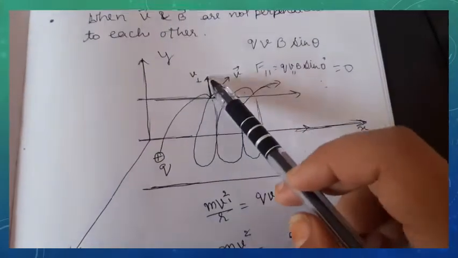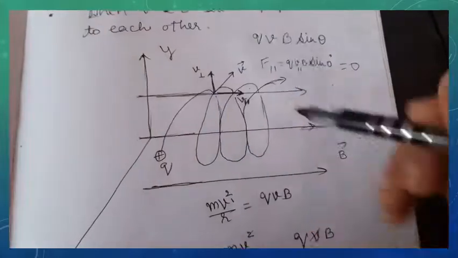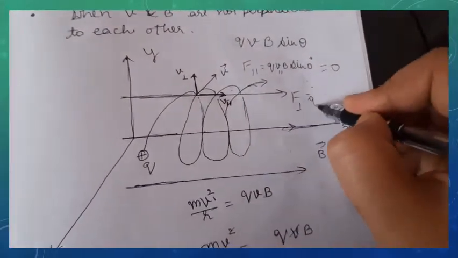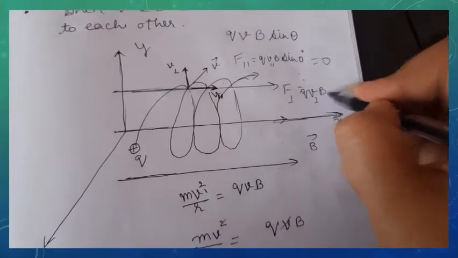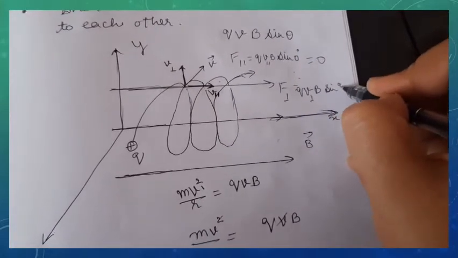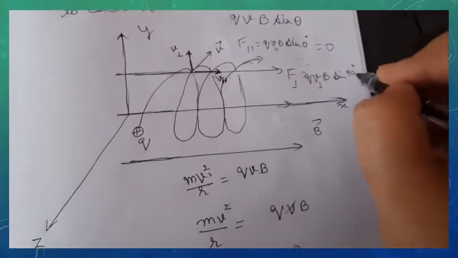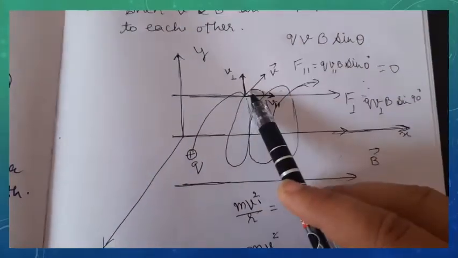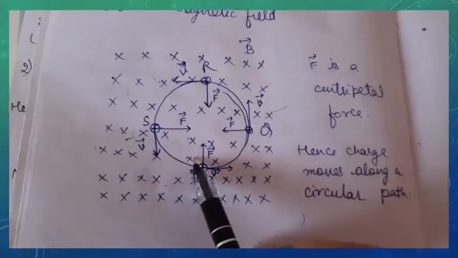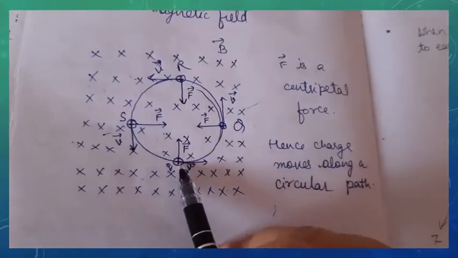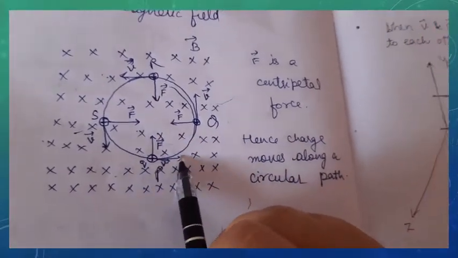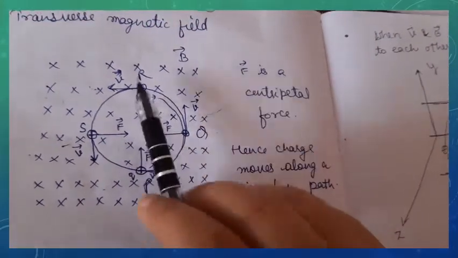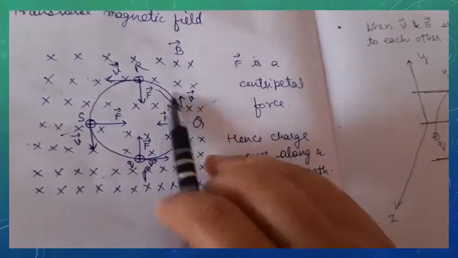On the other hand, there is a perpendicular component, and the force acting on it will be qvB sin 90, and sin 90 is the maximum value, so the force is qvB. We know that when velocity and magnetic field are perpendicular to each other, the force acts in such a way that the object moves in a circular path.